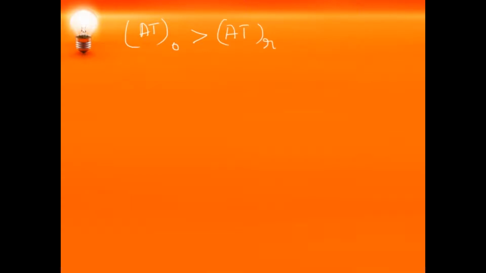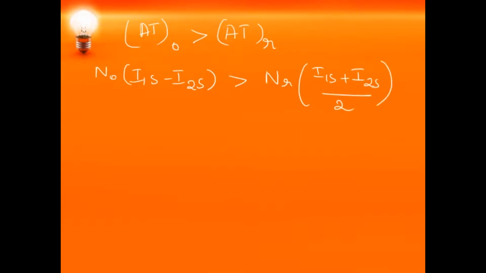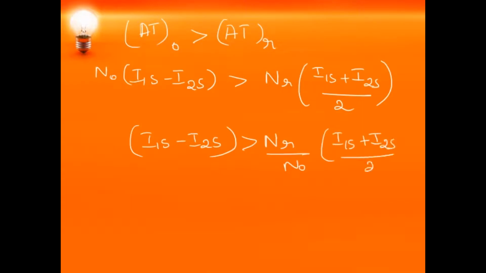That is, N0 into I1S minus I2S should be greater than NR into I1S plus I2S divided by 2. Or we can say that I1S minus I2S is greater than NR by N0 into I1S plus I2S by 2.